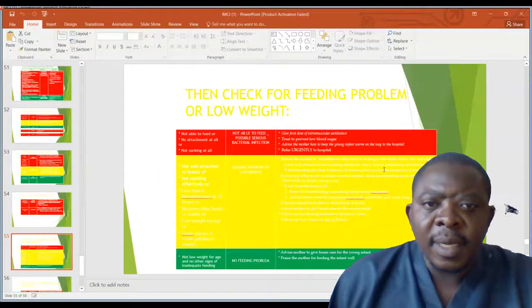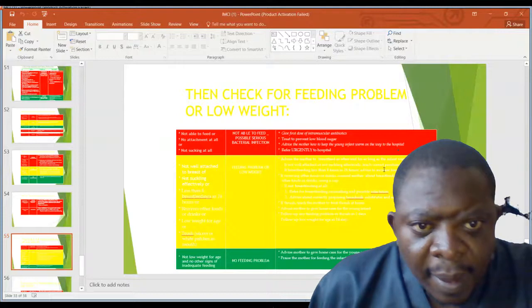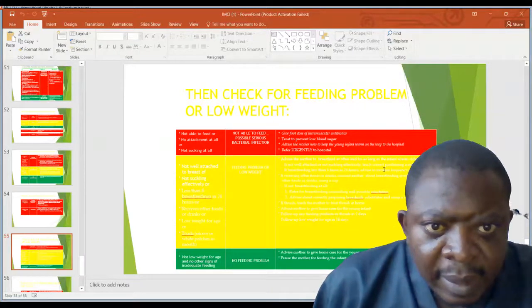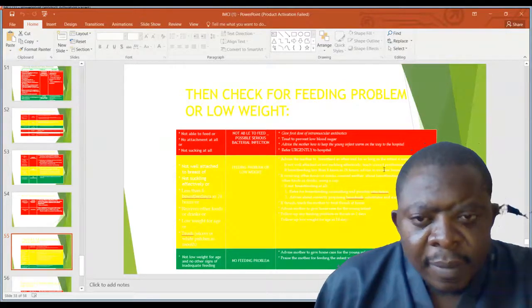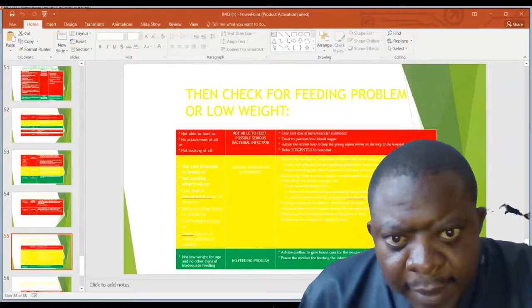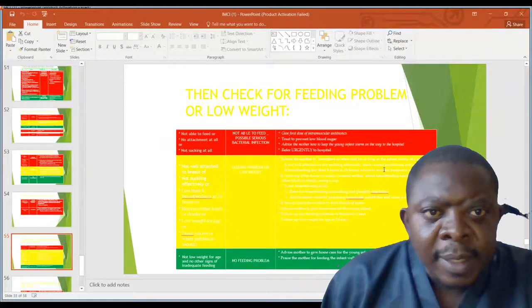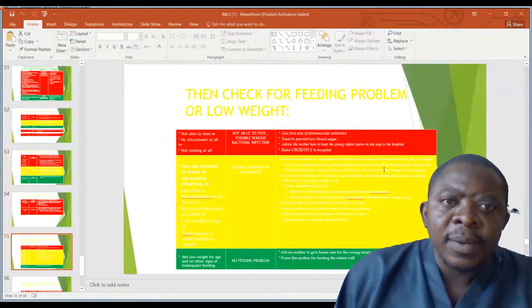And then under yellow, you can have, let's say, not sucking well, not well attached, and the like. So that will be classified as a feeding problem or low weight. Under red, not able to feed or no attachment at all, and not sucking at all.